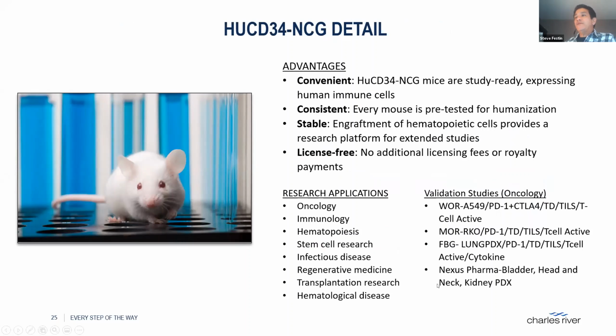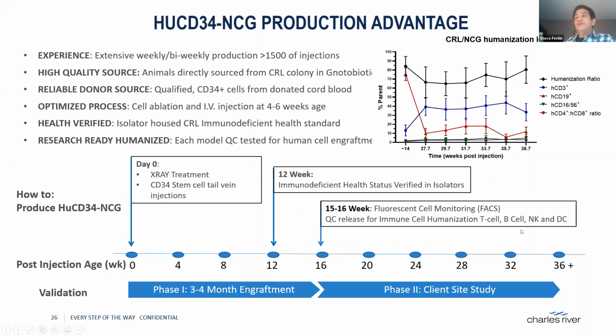But we've done a wide variety of validation studies, both at Charles River and with our partners, and I'll show data that has come out of that over the last 9 to 12 months, and walk through the process that we use for the production of the animals. I think it highlights a lot of the benefits of doing this.